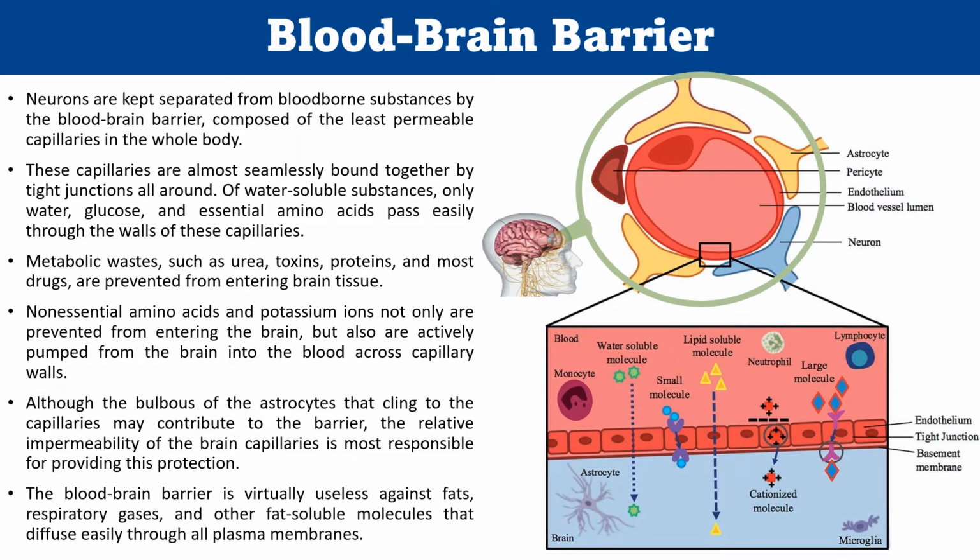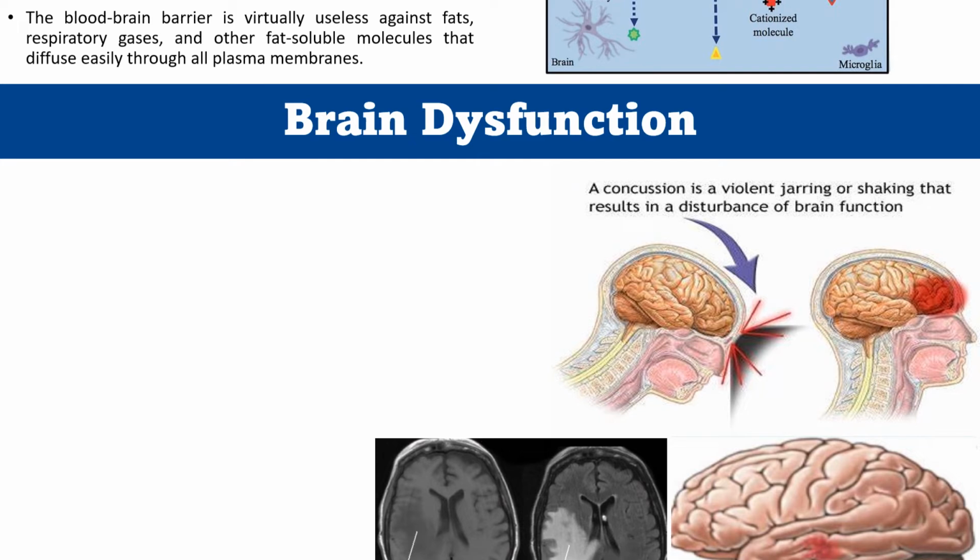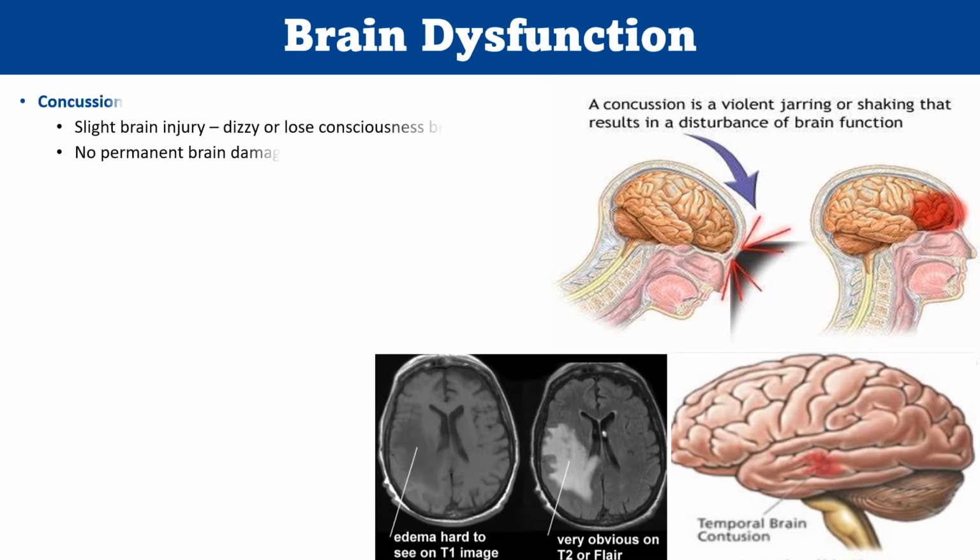The blood-brain barrier is virtually useless against fats, respiratory gases, and other fat-soluble molecules that diffuse easily through all plasma membranes. Moving on to the brain dysfunctions.